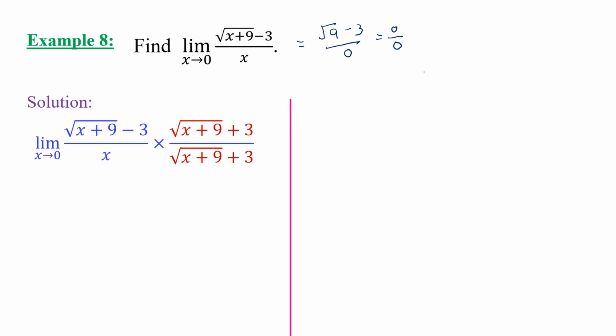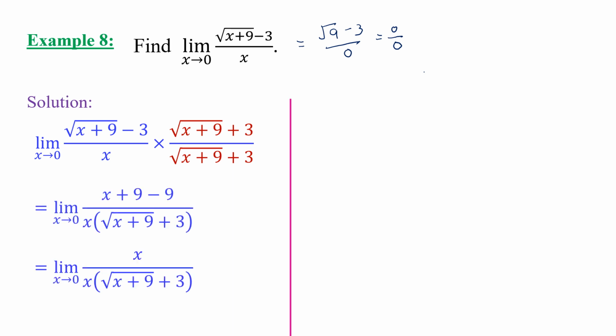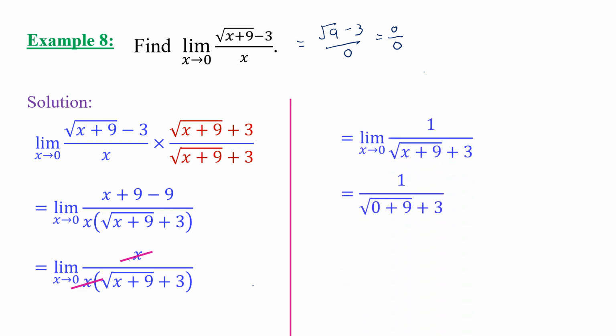So the conjugate is square root x plus 9 plus 3. We just expand the numerator because we get the conjugate from the numerator. And we can see that x is the common factor and we can cancel out x. Then substitute x equal to 0 to evaluate the limit and we get 1 over 6.